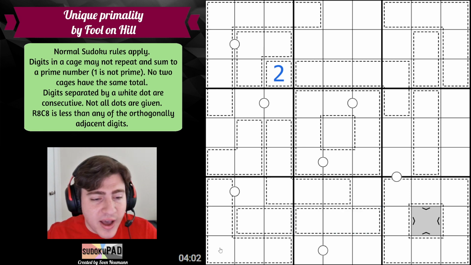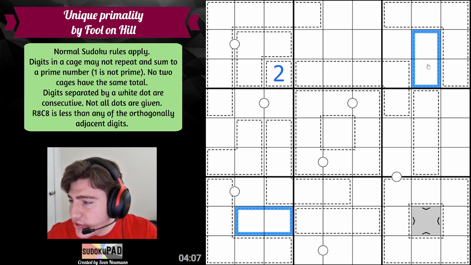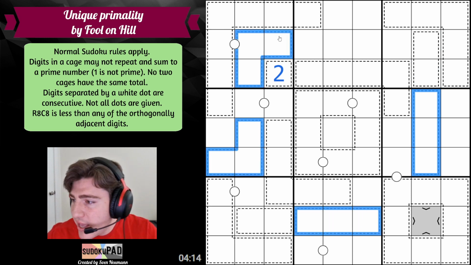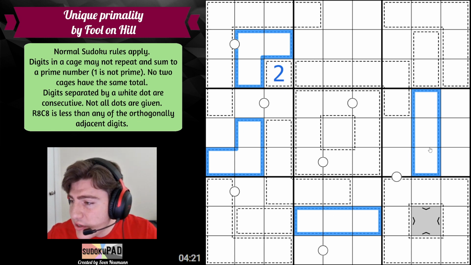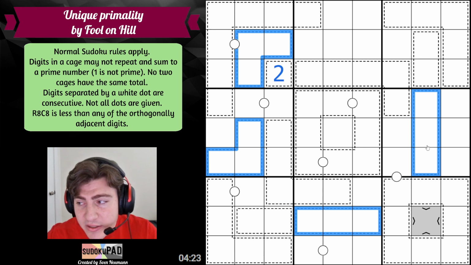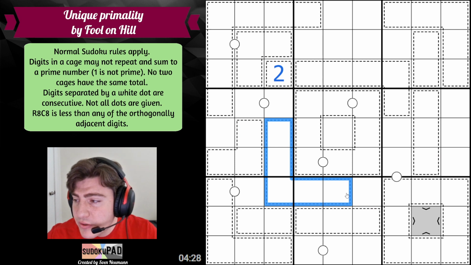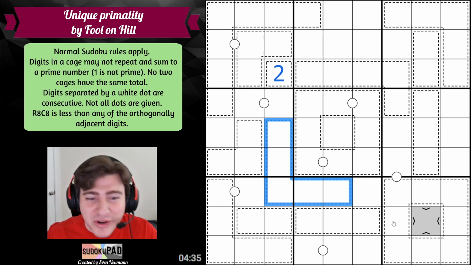So 3 and 5 are these two cages here. 7 will definitely have to be one of these 3-cell cages. 11 and 13 definitely have to be another 2 of the 3-cell cages. 17 could be a 5-cell cage. It could be a 3-cell cage. 19 could be a 5 or a 3-cell cage. 23 could be a 3 or a 5-cell cage.